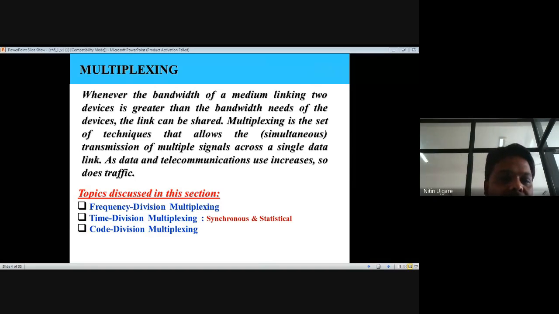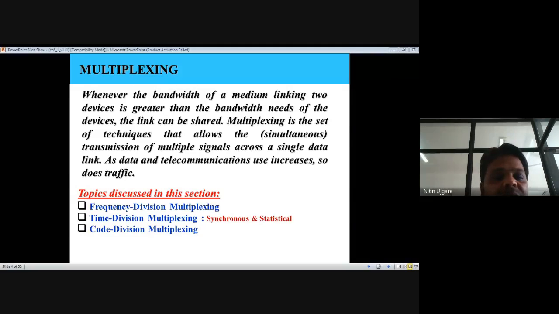As a part of this multiplexing, we are going to discuss the different multiplexing techniques which have been mentioned here. In real life, we have links with limited bandwidth. Bandwidth utilization is the wise use of available bandwidth to achieve specific goals.